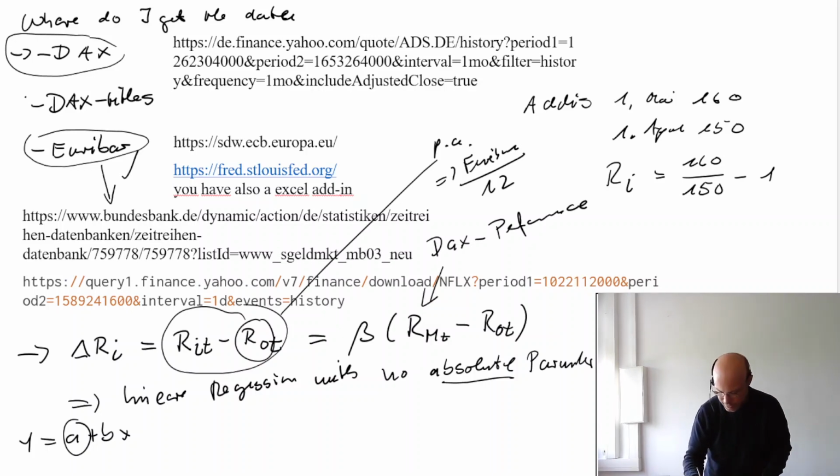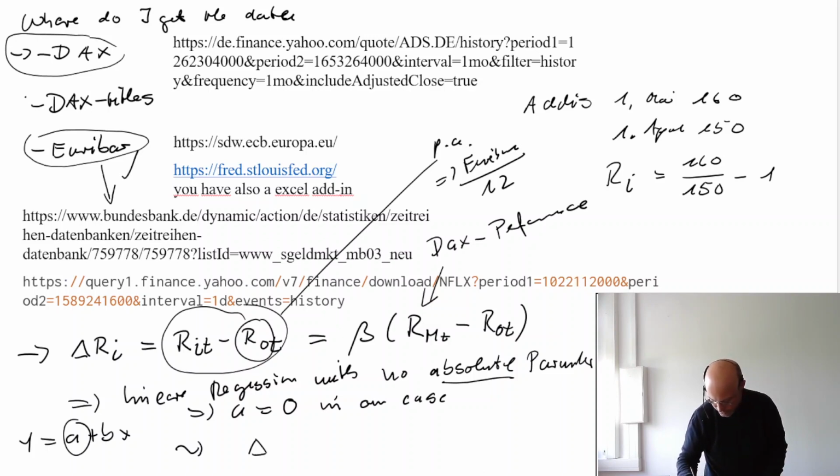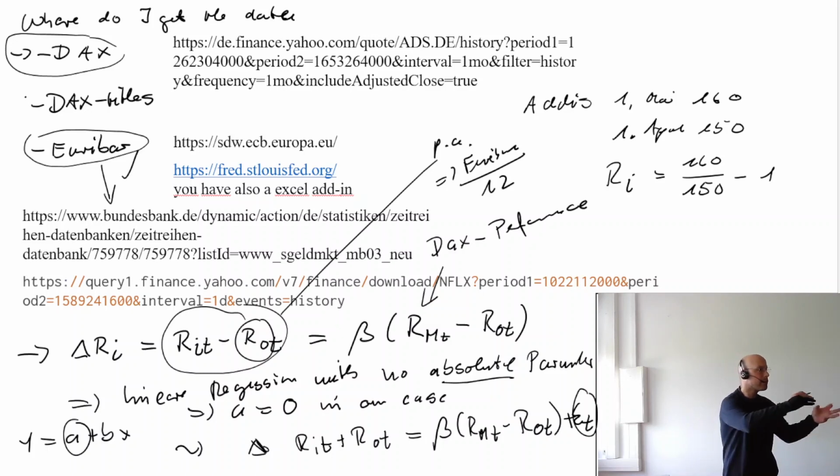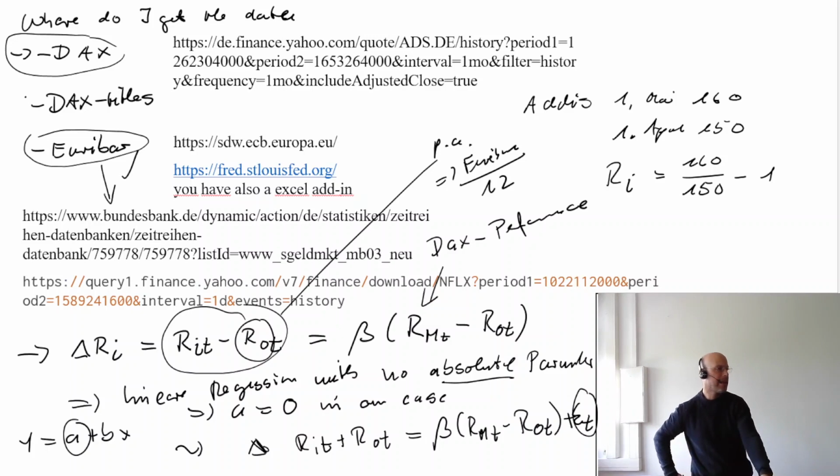So this parameter a will be set to 0 in our case. So the linear regression will then be RIt minus R0t equals beta times Rmt minus R0t plus some error term. Because of course our data points will then scatter around our linear regression line.